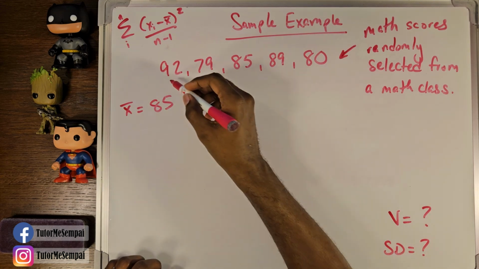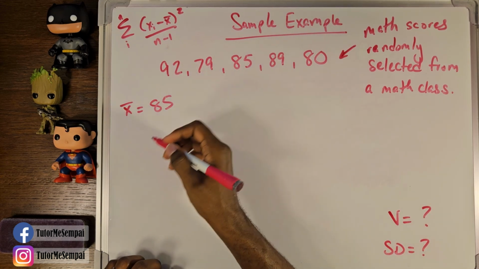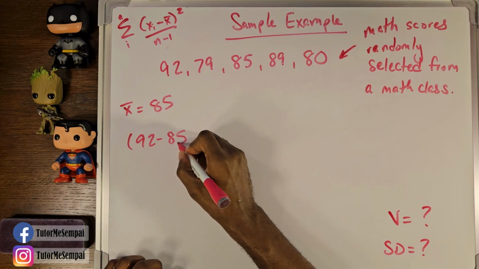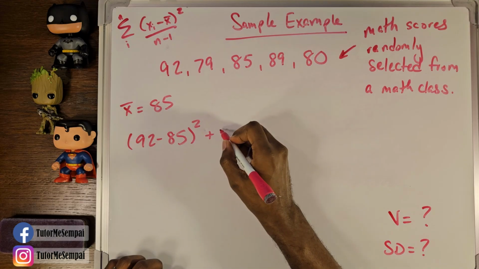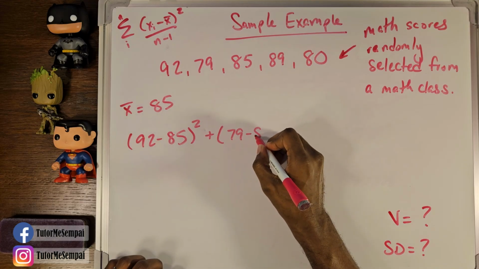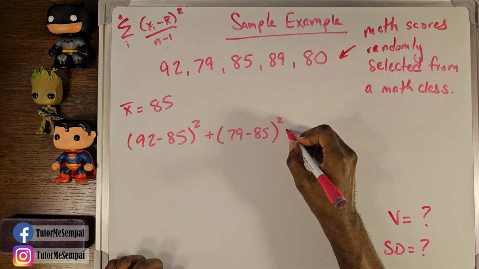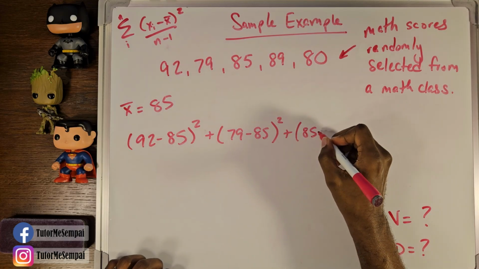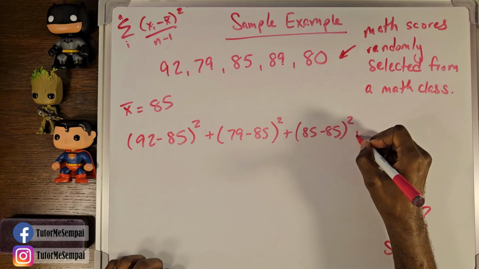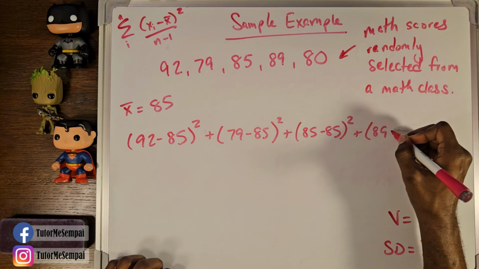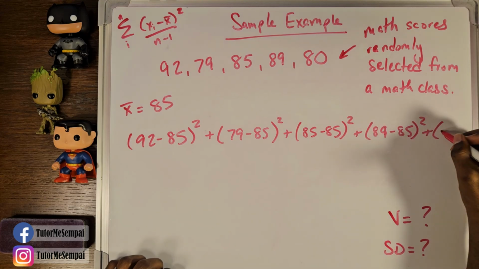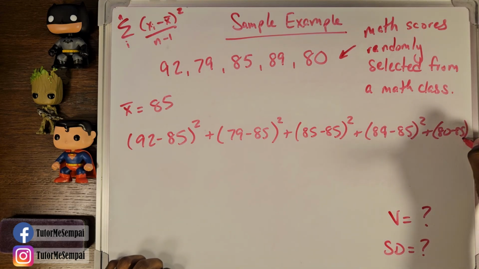Now we can plug into our formula or write it all out. We're going to have 92 minus 85 squared plus 79 minus 85 squared plus 85 minus 85 squared plus 89 minus 85 squared plus 80 minus 85 squared.